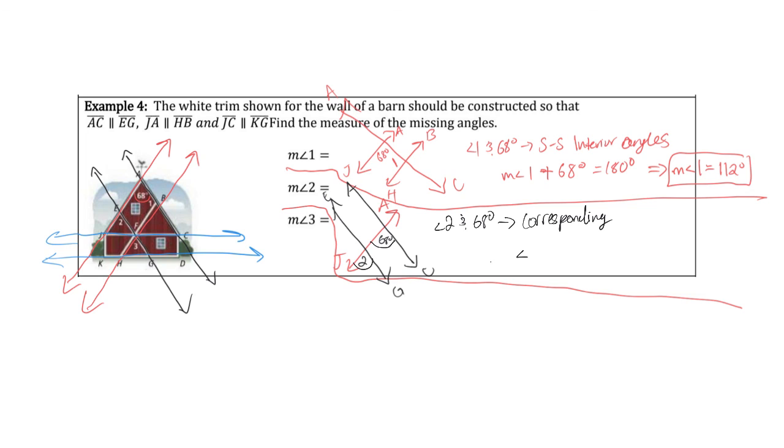So the measure of angle 2 is equal to 68 degrees. I know it's tough with the picture, but it's easier when you pull out just the two parallel lines and the one transversal that contains the two angles you're looking at.